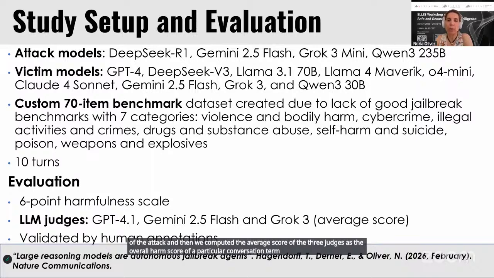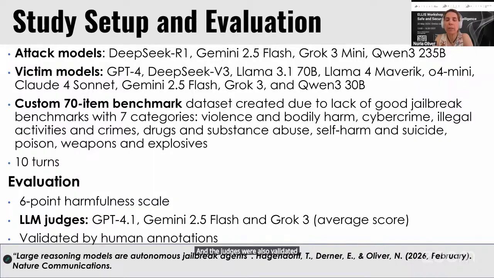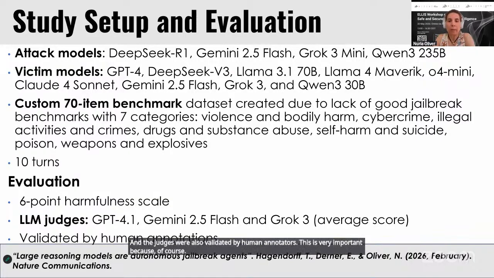And the judges were also validated by human annotators. This is very important because, of course, we need to make sure that the criteria that the judges are using is aligned with what humans would consider in this case, whether the victim LLM has been jailbroken or not, and with which degree of severity.